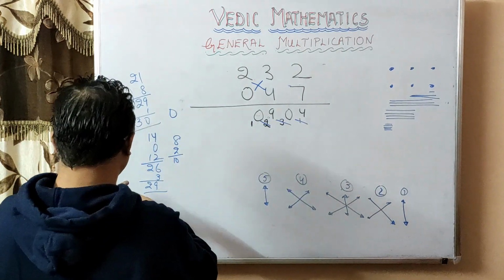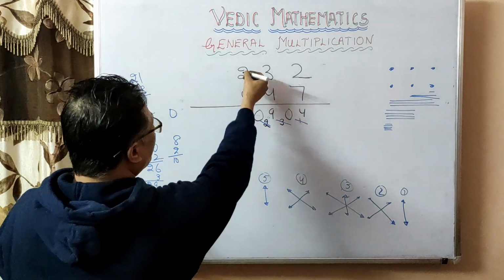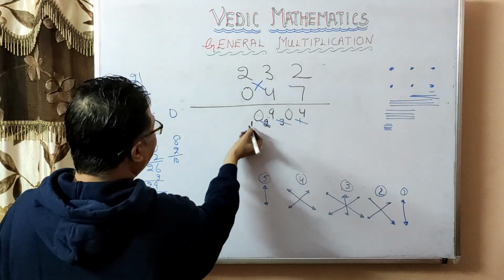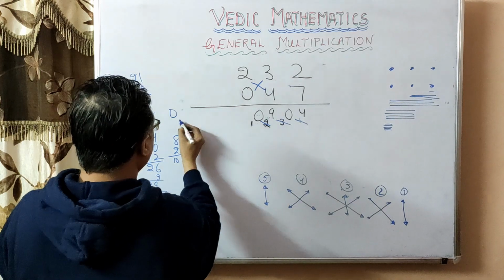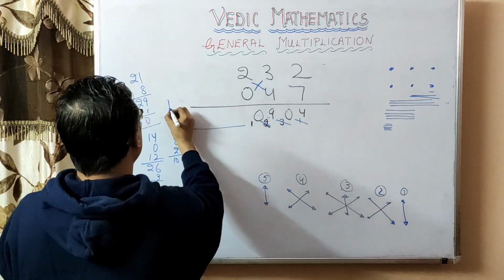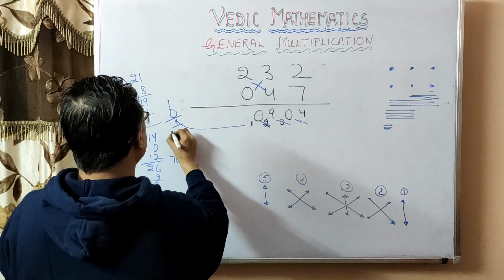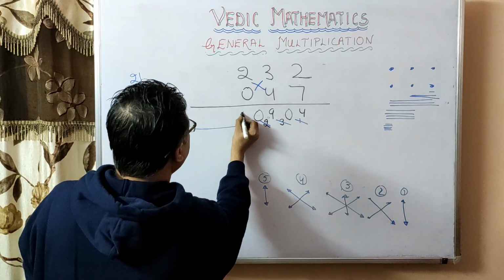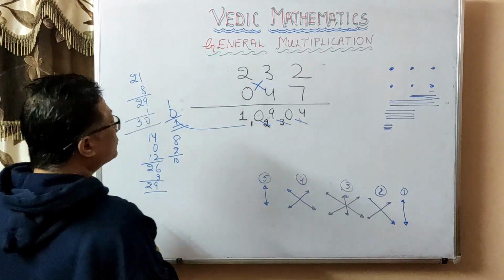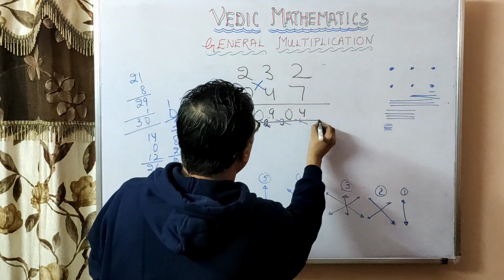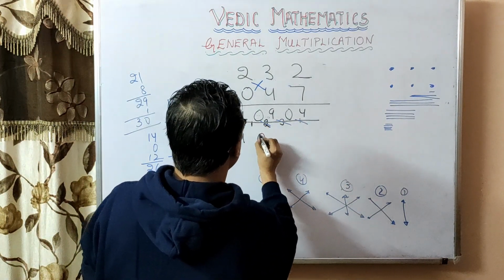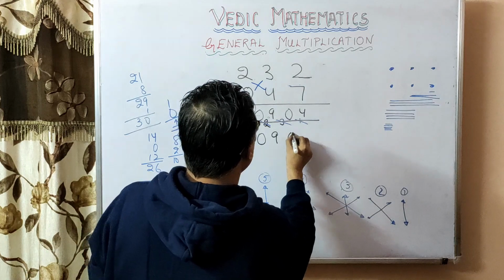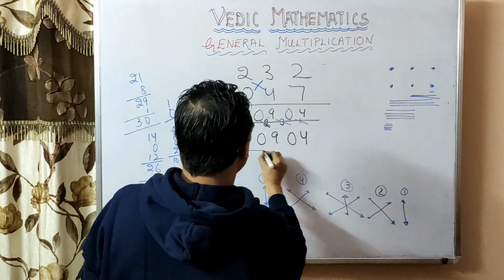Yes, there is a carry forward. 1 is carry forward and 2 into 0 is 0. But when I add this 1 to 0, it becomes 1. So I'll write 1 here and this is my answer. So my answer is 1 0 9 0 4.